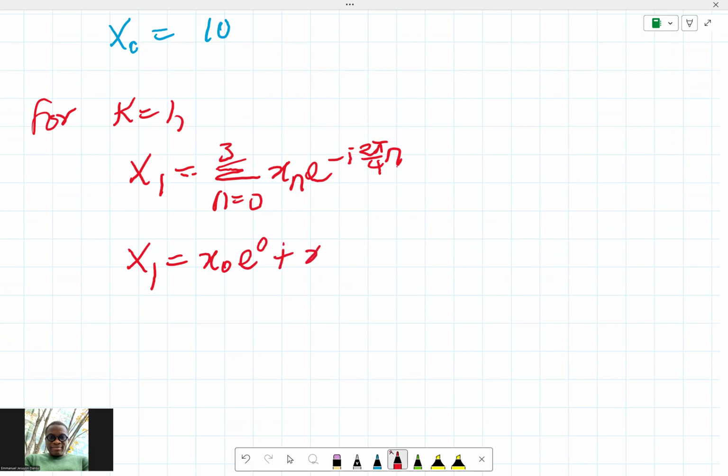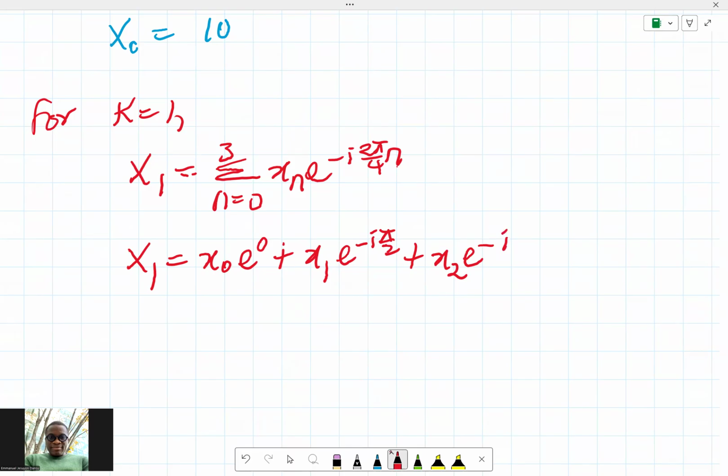So plus x1 e raised to power minus i. Well, 2 pi over 4 is just pi over 2. Now n is equal to 1, so that's just minus i pi over 2. Then the next one we have x2 e raised to power minus i, then 2 pi over 4 is half pi.